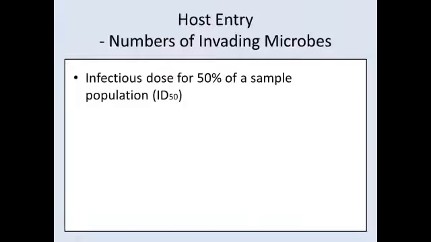Now, preferred portal of entry leads us to infectious dose, which is the number of invading microbes that you need for 50% of a sample population to become ill. So when we do these studies, our sample population is usually mice.